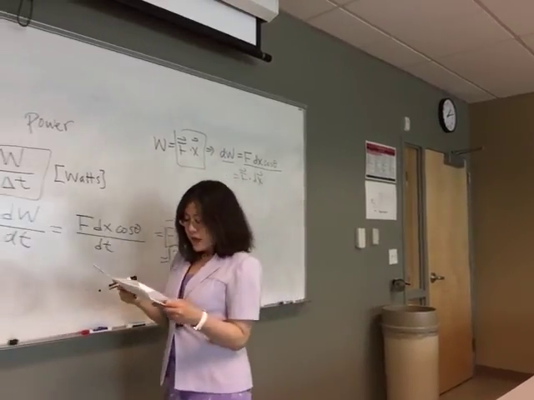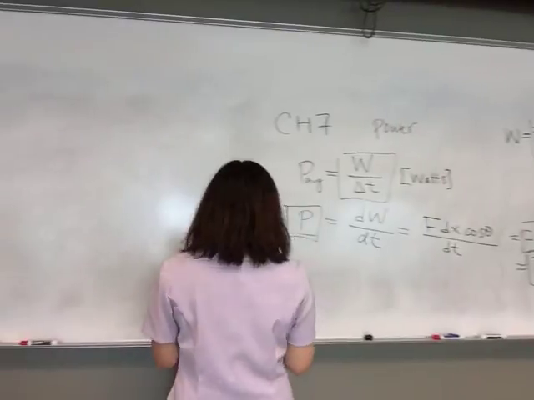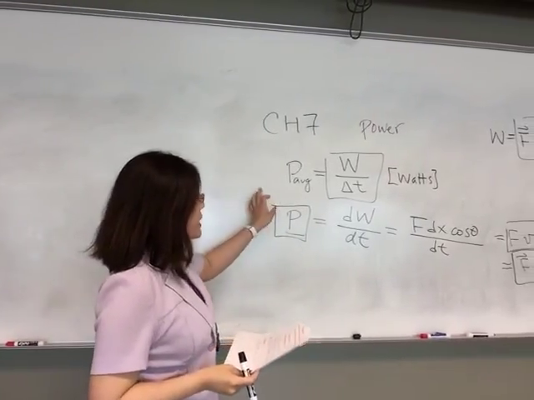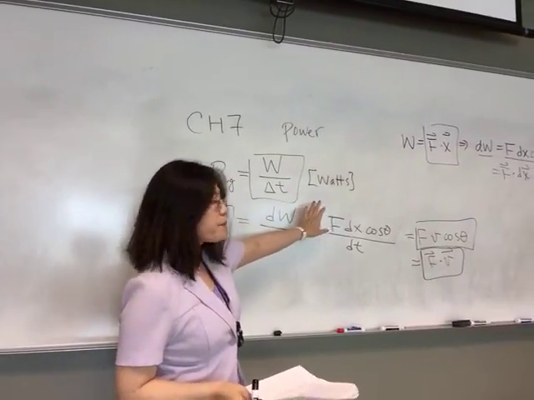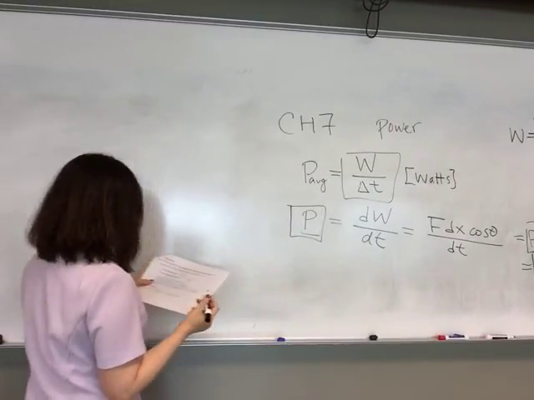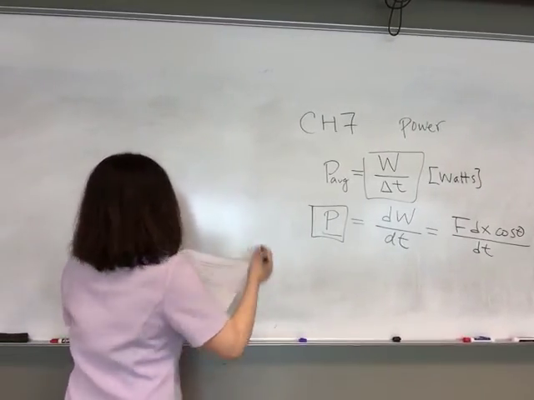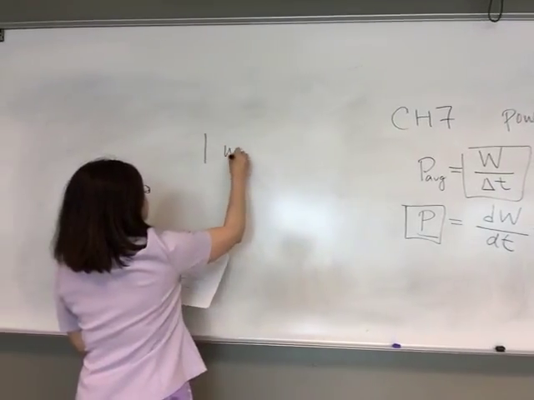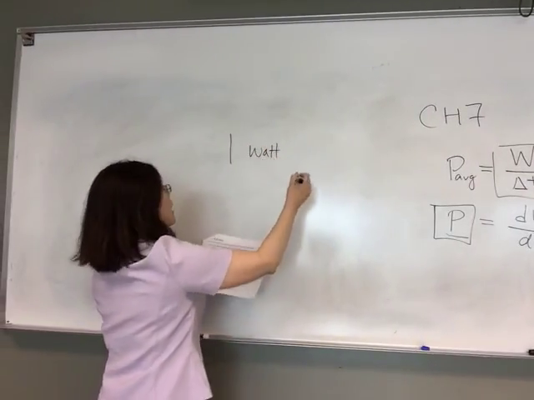Okay? And the other thing I want to mention is that in the United States we use watts for power. There are also several different units that are commonly used.